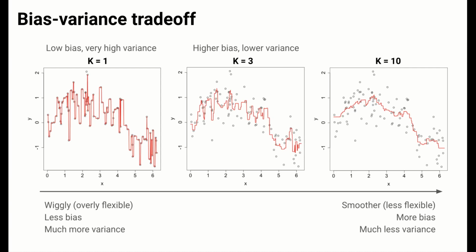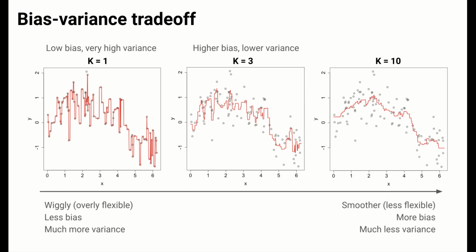When we move to k equals 3, bias increases because the function we learn is smoother and less complex. Our representation of the data is simpler. But the function looks smoother and seems to be doing a better job of capturing the general trend. This is even more pronounced for k equals 10. The themes we can notice here are actually quite general to machine learning algorithms.